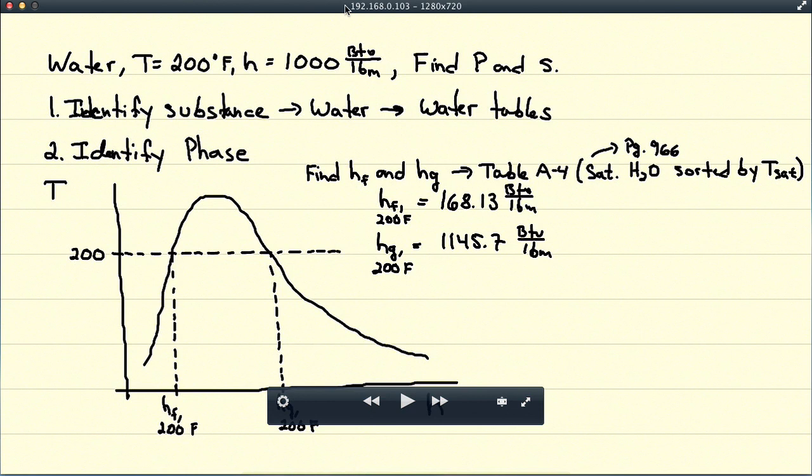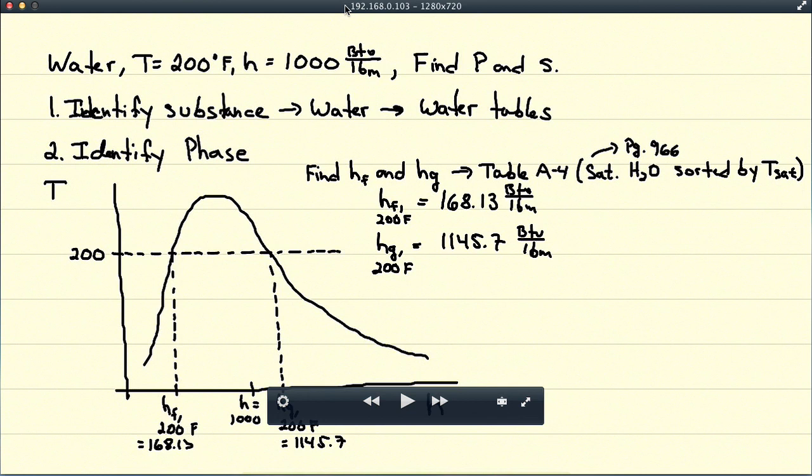Okay, so now what that means is that this value down here is equal to 168.13, and this value is equal to 1145.7, and we are at 1,000, which is between those two values, right? So we're somewhere here at 1,000 BTU per pound mass.